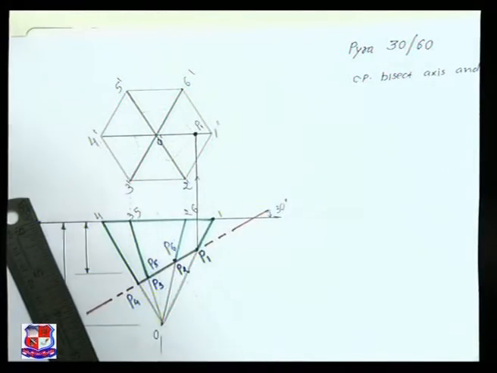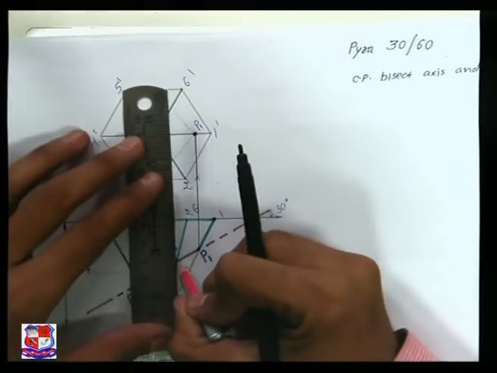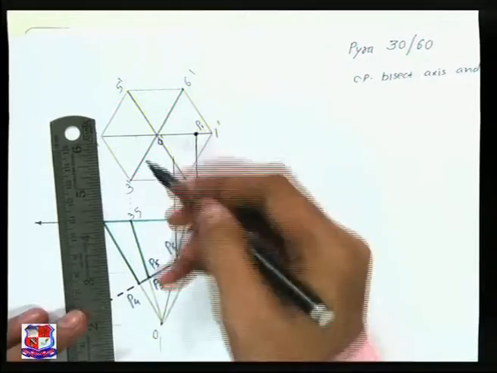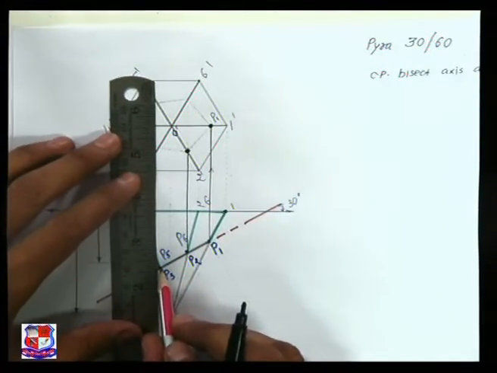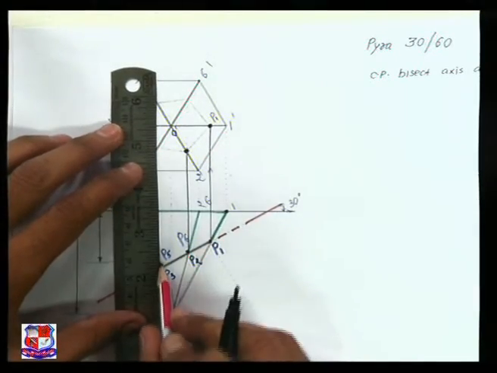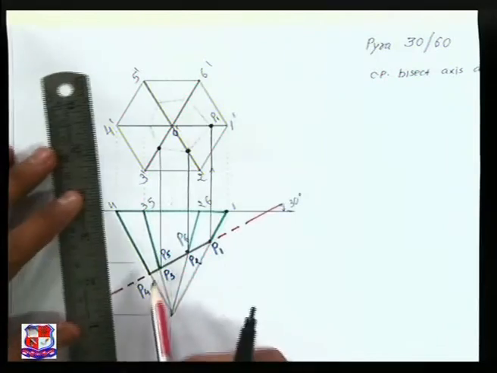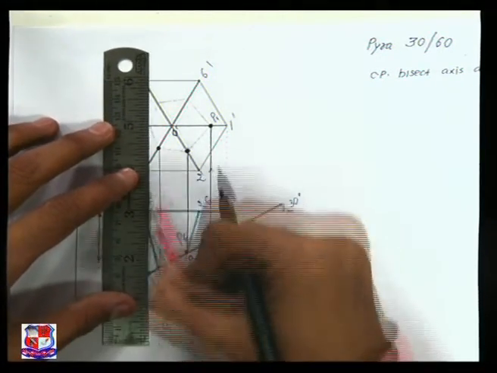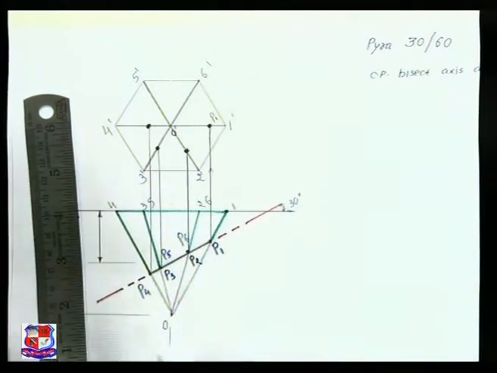Similarly, for point number P2, from here draw a straight vertical line, so that will cut O2 dash at this point. Then P3 is here, from that draw a straight vertical line that will cut O3 dash at this point. P4 is here, so from that draw a straight vertical line that will cut O4 dash at this point, right?